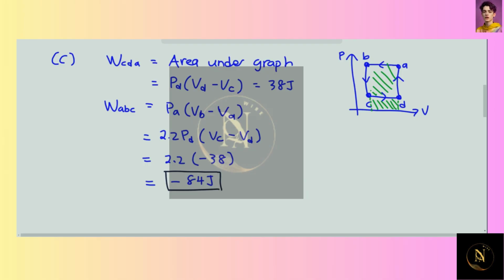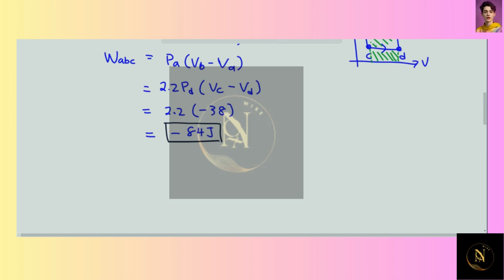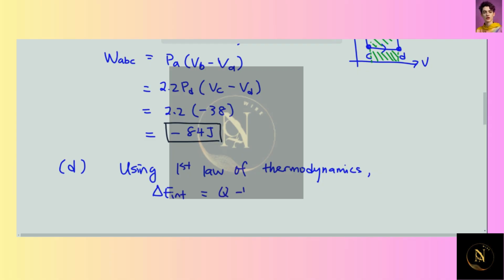Then in part D, we want to find the Q in ABC. For the Q in process ABC, we'll be using the first law of thermodynamics. Delta E internal is equal to Q minus W again.